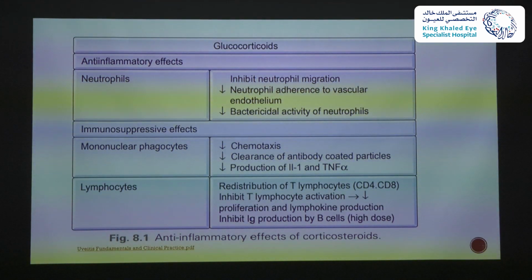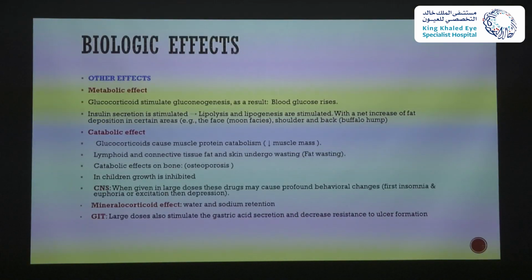This will lead to decreased chemotaxis, and decreased clearance of antibody-coated particles. Also in lymphocytes, this will inhibit T lymphocyte activation, and inhibit proliferation and lymphokine production. Actually, steroids mainly affect the cell-mediated immunity and mainly T-cell lymphocytes. But in high doses, they can also affect antibody production by B cells.